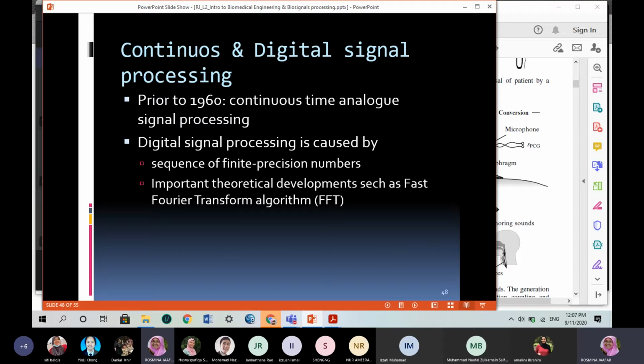Our brain can do simple mathematics, but for computation that needs to repeat the same thing many times, you let the computer do it for you. So that is the beauty of computation. You can repeat, so within a second you can analyze the signal.